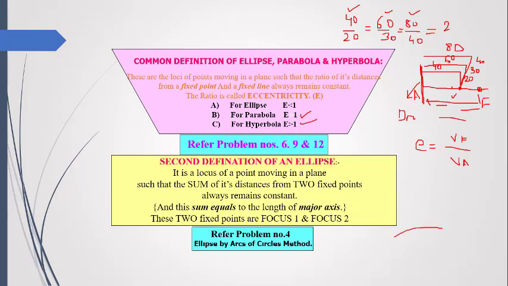In this conic section, that is for an ellipse, here is the major axis, and on the major axis there are two fixed points that are known as foci. So on the major axis, focus 1 and focus 2 are given, and from these fixed positions the lengths can be taken. Same from focus 1.